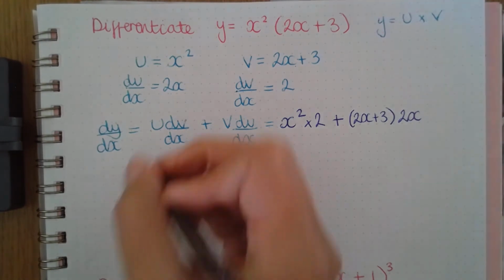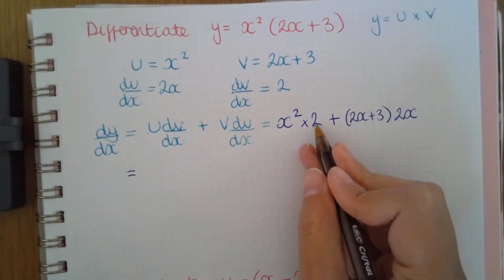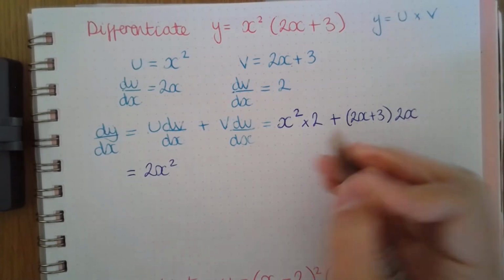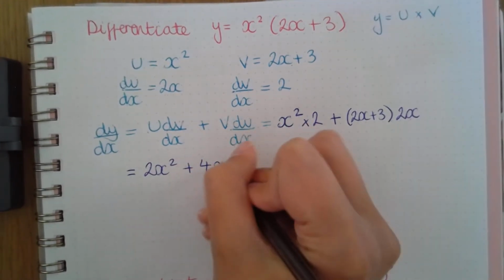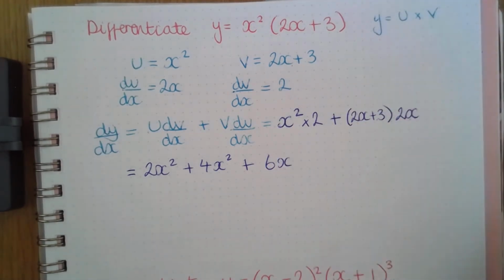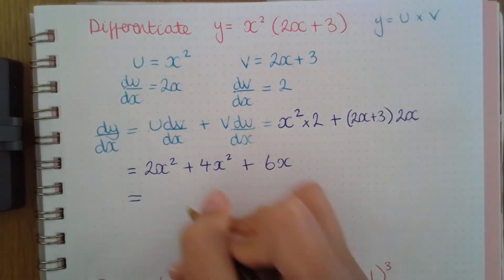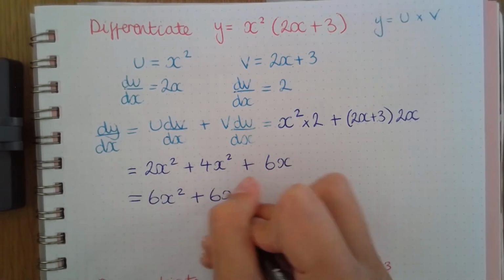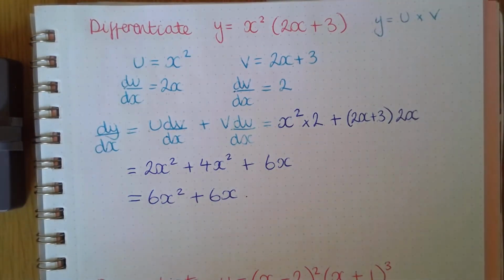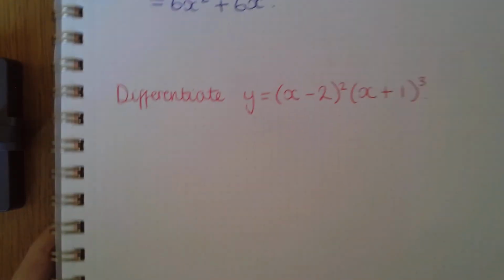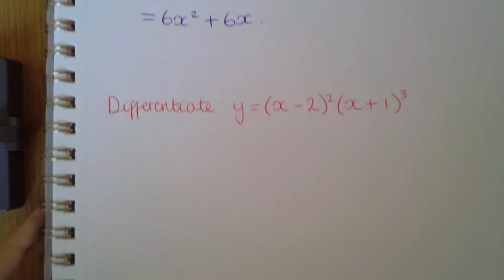Okay, I then expand that. So 2x squared, 2x times 2x, so plus 4x squared, plus 3 times 2x is 6x. So when I simplify that, I get 6x squared plus 6x.